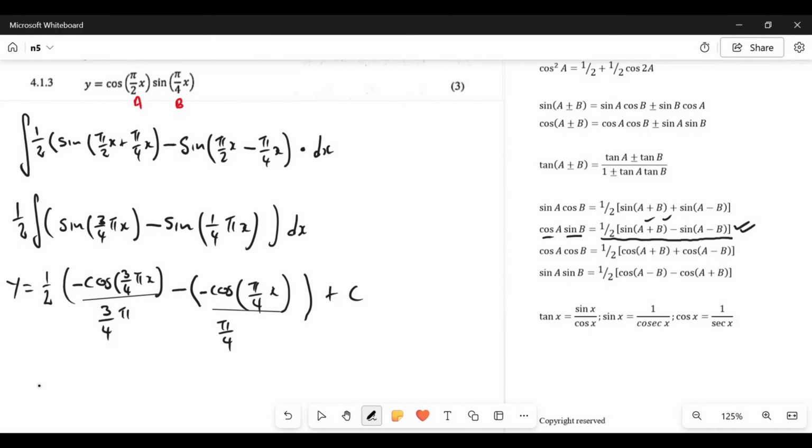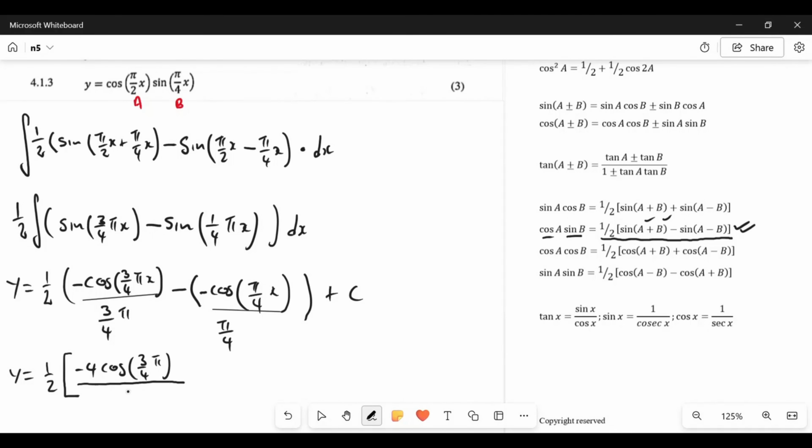There we go. So from here, we can say y is equal to 1 over 2, open bracket. What we have here is a fraction, which is 3 over 4 pi, dividing this cos there. So when you have a fraction dividing them, this denominator must multiply on the numerator, and you leave this 3 pi there. So when you write this, this is going to be negative 4 cos, then open bracket, 3 over 4 pi x. There we go.